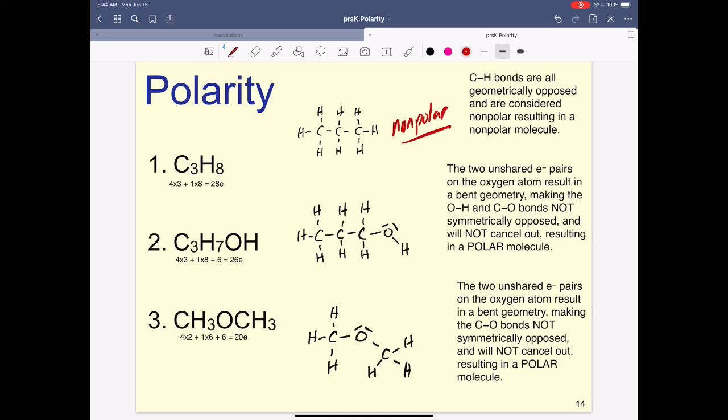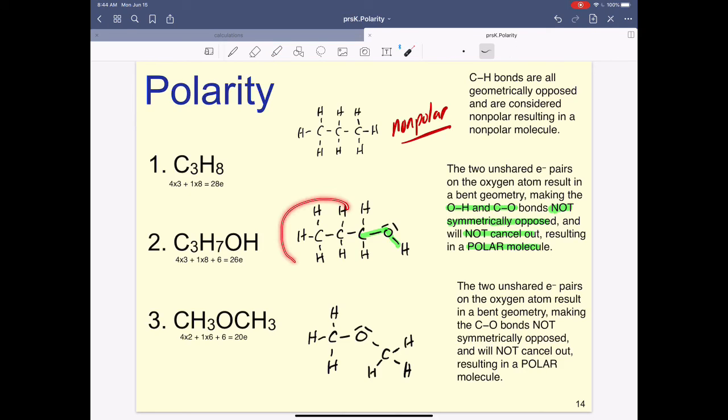In both of these Lewis structures, I drew the oxygen-hydrogen and oxygen-carbon bond bent, as it would be as a result of 4 domains, 2 unshared pairs. We will end up with a bent structure, and as a result, the carbon-oxygen and oxygen-hydrogen bonds are not symmetrically opposed and will not cancel out and will result in a polar molecule.